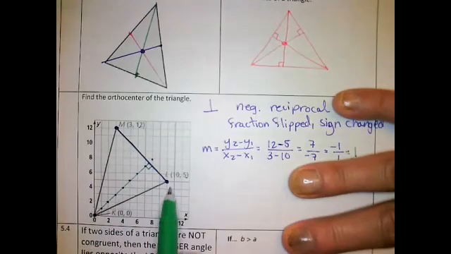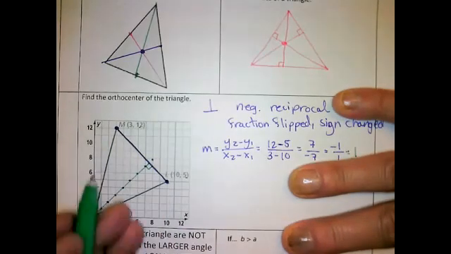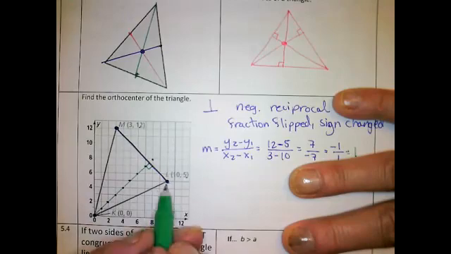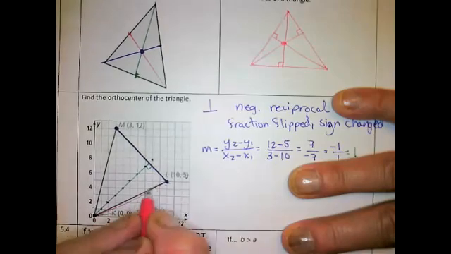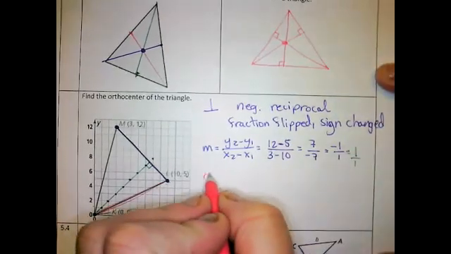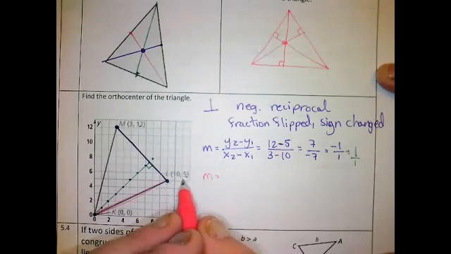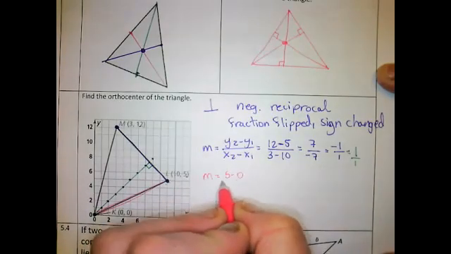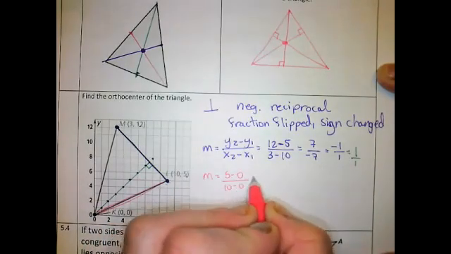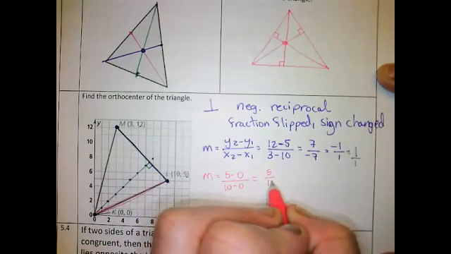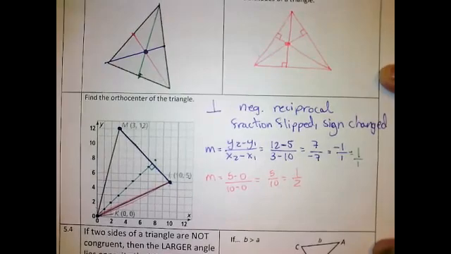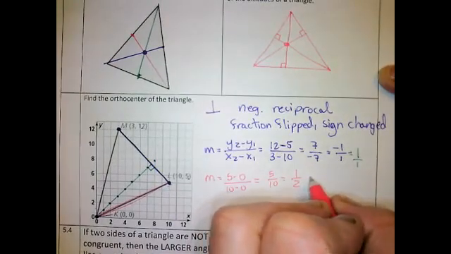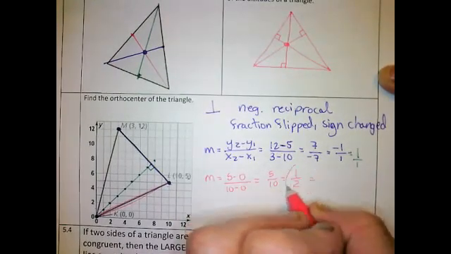So I could use either segment KL or segment KM. I'm just going to go ahead and use segment KL here. Let's go with pink. So there's segment KL. So I'm just going to do my slope again. So that's going to be 5 minus 0 over 10 minus 0, which is 5 over 10, which we could reduce to 1/2. So now I need to flip that and change the sign on that.